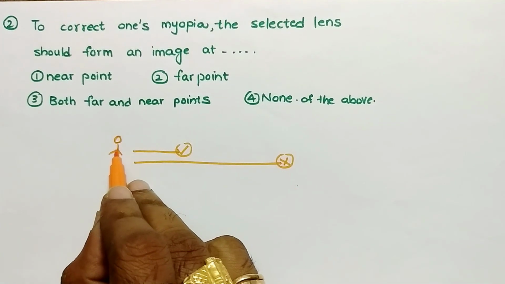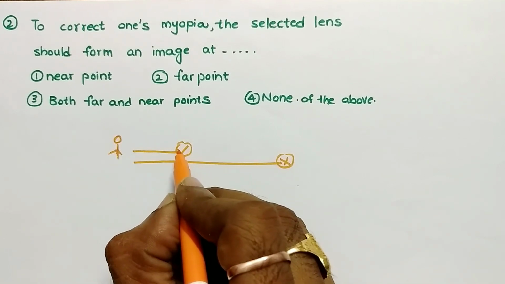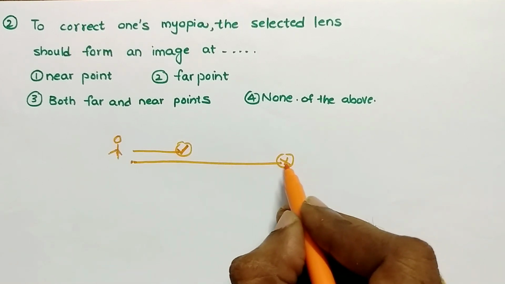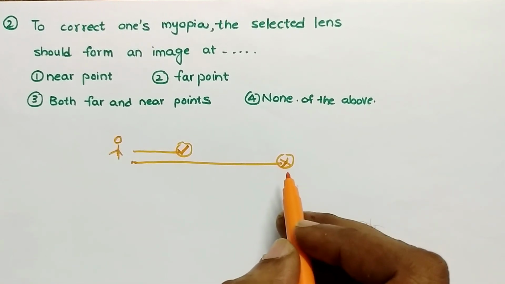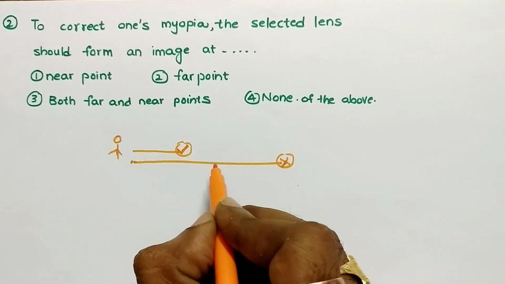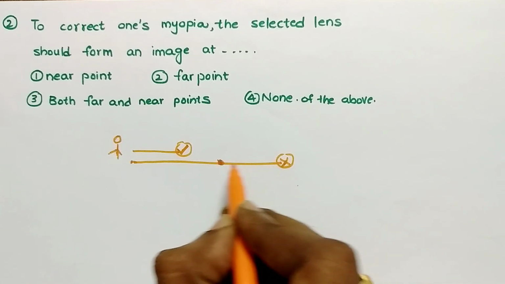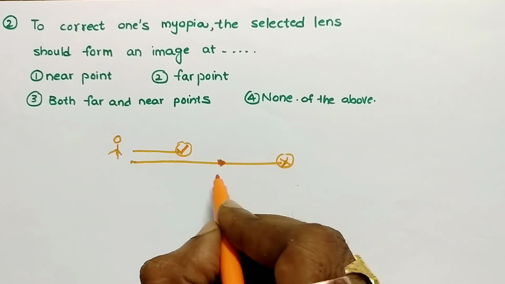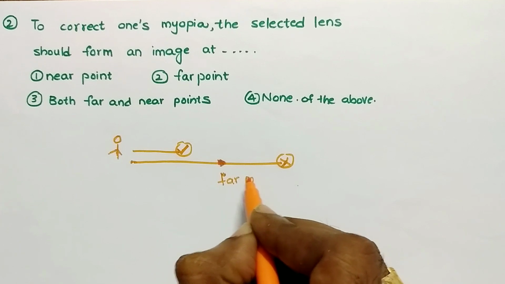Even though the objects which are away from them cannot be seen by him, he can see up to a particular point. This point is called the far point.